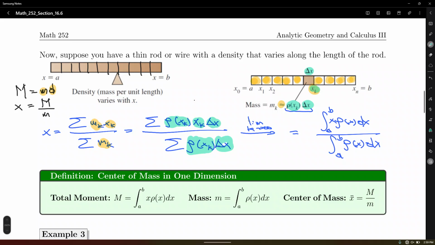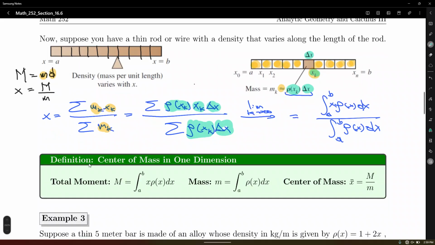And if we take the limit as k approaches infinity, these sums become integrals. Look at the definition at the bottom of this picture. The total moment is the distance x times the density function, a function of x, times the delta x. Isn't that what we have here at the top?